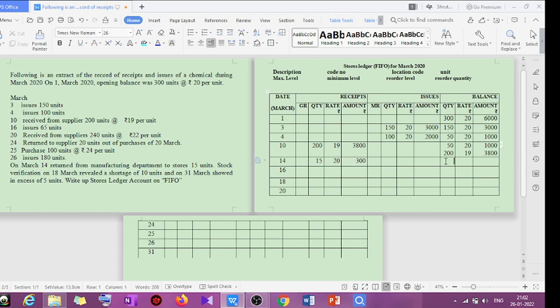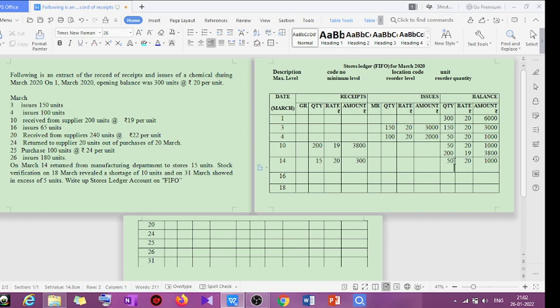Right. Now while writing the slot, where do you have to mention it? You have to mention it at last. First you mention the available balance, that is 50 quantity, rate is 20, amount will be 1000. That is the first slot. Second slot is 200, rate is 19, amount will be 3800.